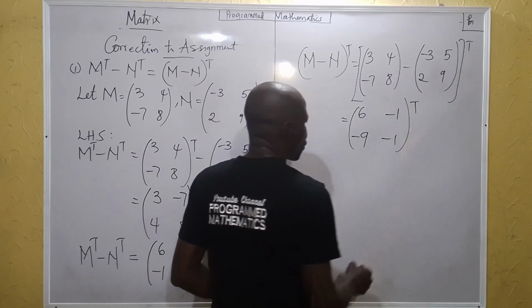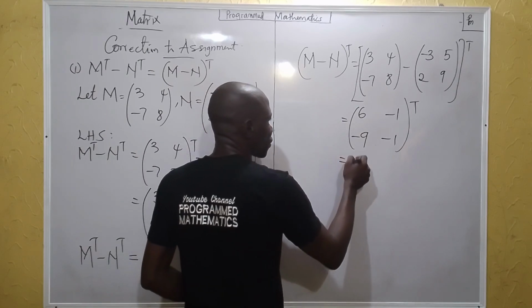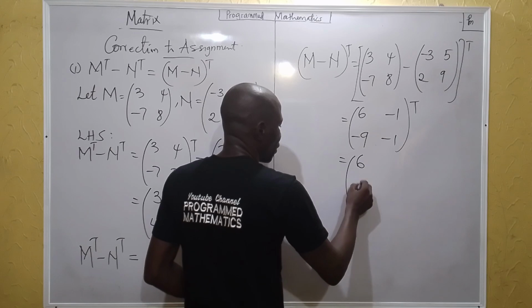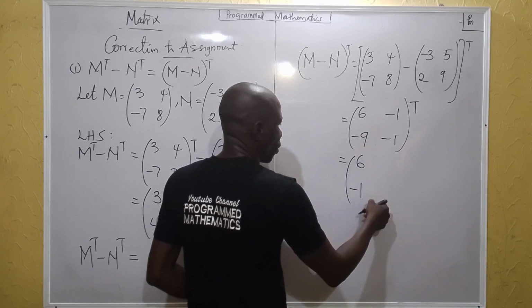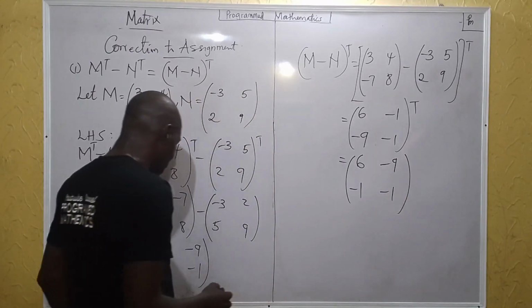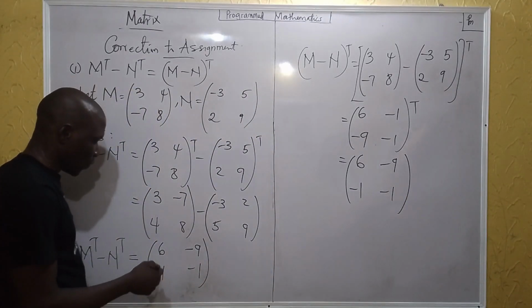When we take the transpose of this, row 1 becomes column 1, so we have 6, minus 1. Row 2 becomes column 2, minus 9, minus 1.